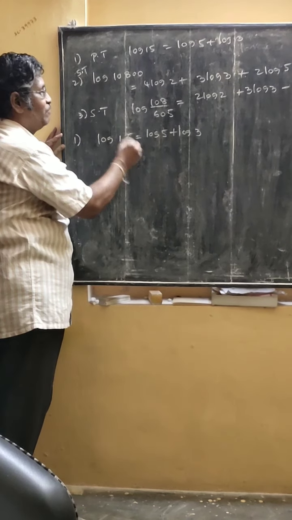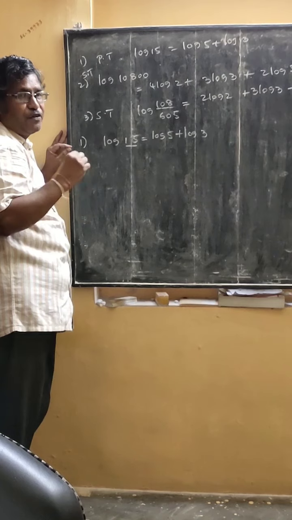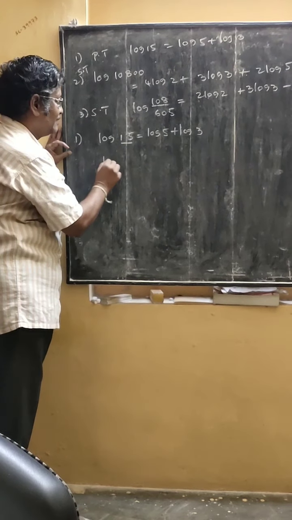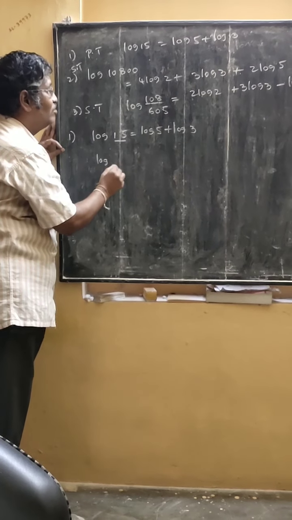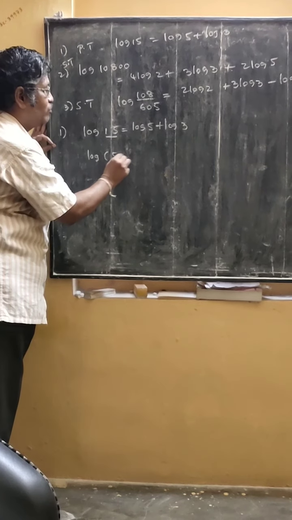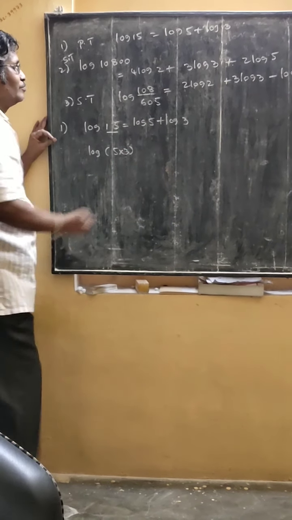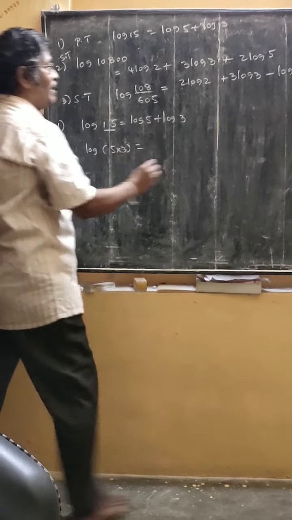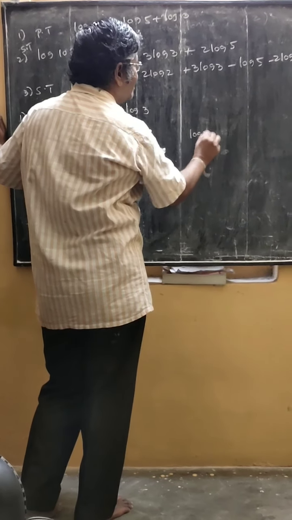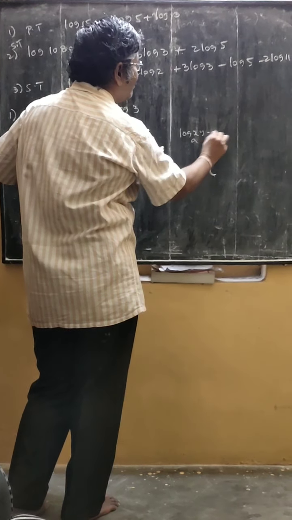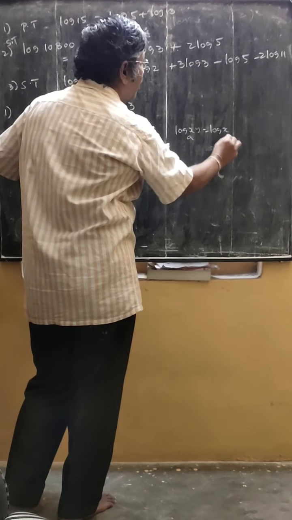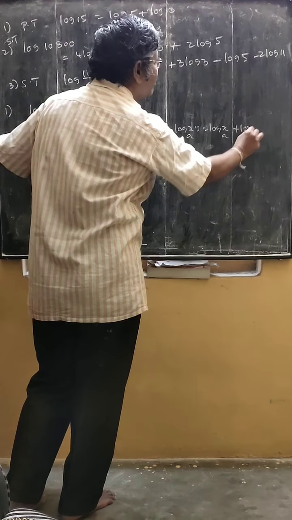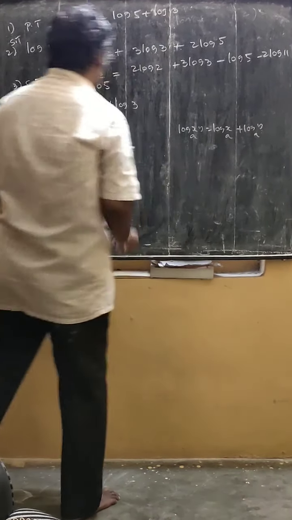It is a product, 15. How can you write 15? Log 5 into 3. Already mentioned: log xy to the base a is equal to log x to the base a plus log y to the base a.